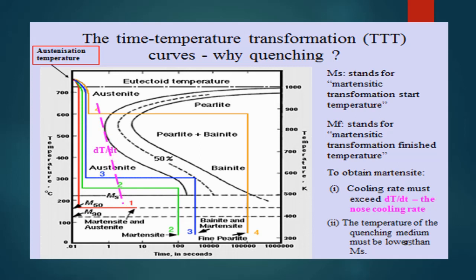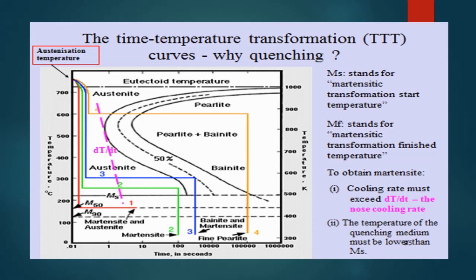you get a very hard, brittle phase. This phase forms by a diffusionless shear mechanism. The structure is BCT, but it is very hard. It is seldom used in the industry.